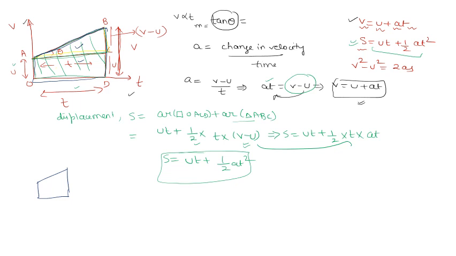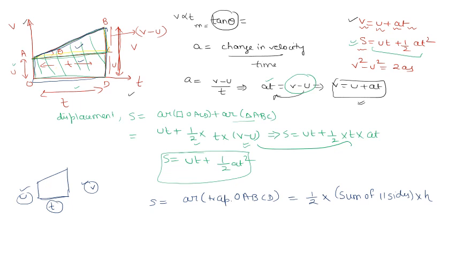When you have one pair of parallel sides and a perpendicular distance between them. So yes, indeed, it is a trapezium. This is u, this is v, and this is t. So height is t, and the parallel sides are u and v. The displacement again will be the area of trapezium OABCD, and we know the area of trapezium is half the sum of parallel sides into height.